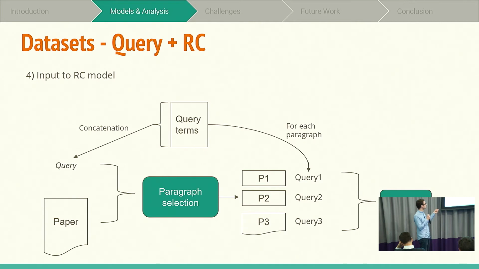For example, for paragraph number 1, we have a query like "what data". For paragraph number 2, we have a query like "what survey or study". And for paragraph number 3, we have a query like "what statistic". We want to create really specific queries that can retrieve the right answer. And then we input the paragraph with the query into the actual RC model.